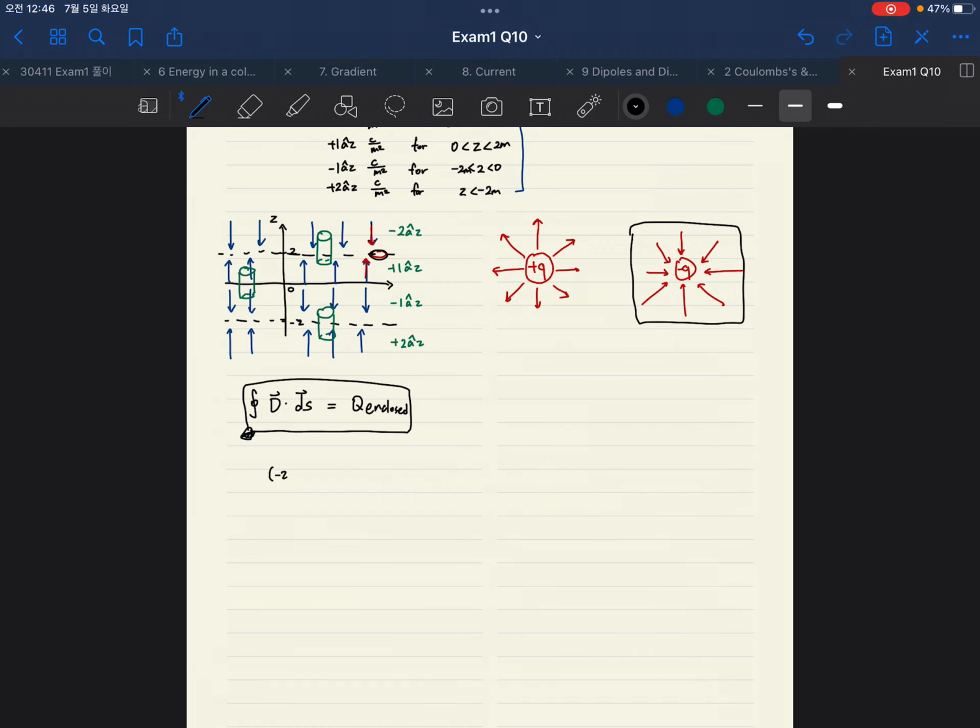So I can write -2 C over m squared plus -1 C over m squared equal to the surface charge density at z equal to 2, which is simply -3 C over m squared.